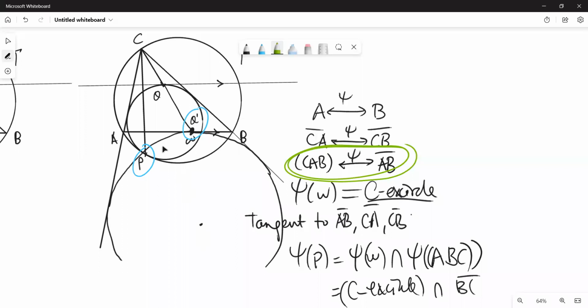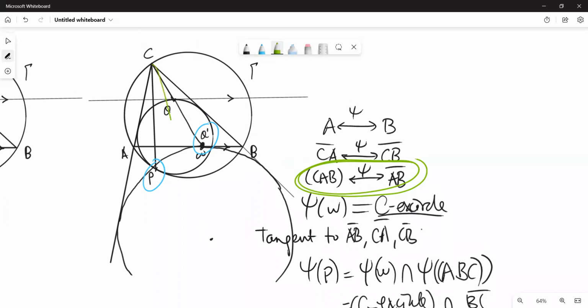It's just that after you reflect, it remains the same thing, because these 2 circles are symmetric across the angle bisector anyway. They are tangent to CA and CB. So if you draw it, it's like a kite. Well, it's not a kite, but basically they're symmetric across the angle bisector anyway. So if you do that reflection, it remains at the same place.